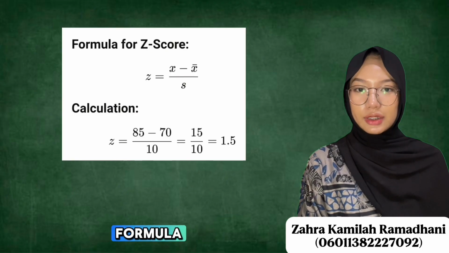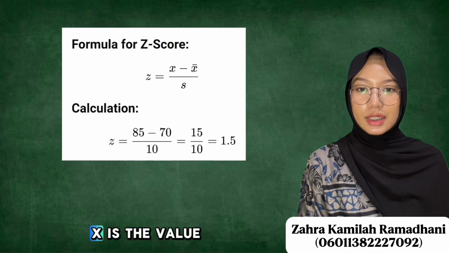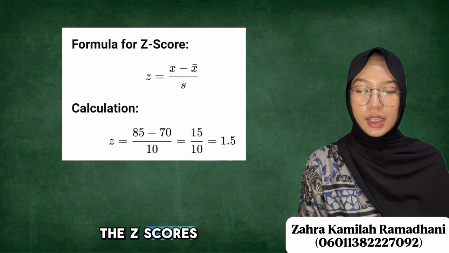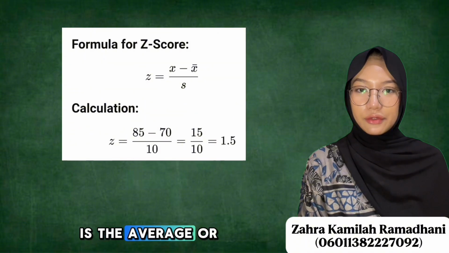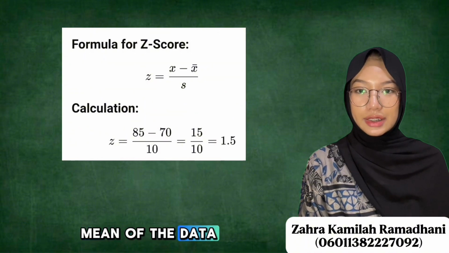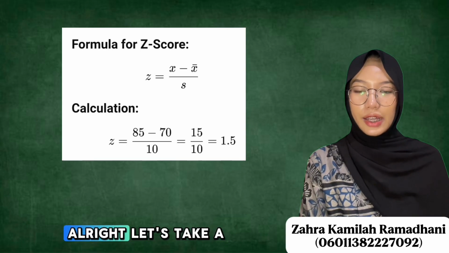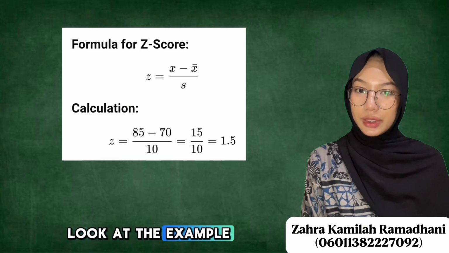Here is the formula. X is the value for which we want to calculate the z-score, the second is the average or mean of the data, and S is the standard deviation of the data. Alright, let's take a look at the example.